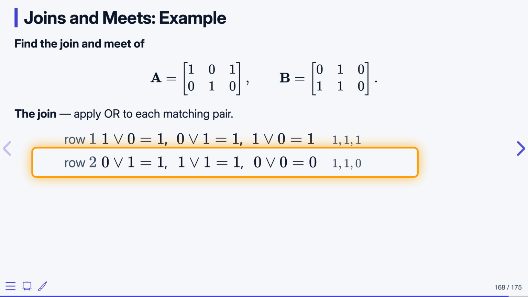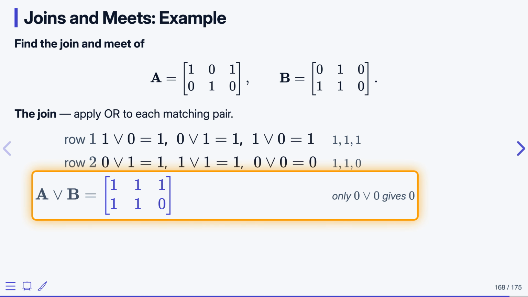Row 2: 0 or 1 is 1, 1 or 1 is 1, 0 or 0 is 0. So the bottom row is 1, 1, 0. Collect them. The join has rows 1, 1, 1 and 1, 1, 0. Watch where the only 0 sits: exactly where both inputs were 0. "Or" tends to fill a matrix with 1s.